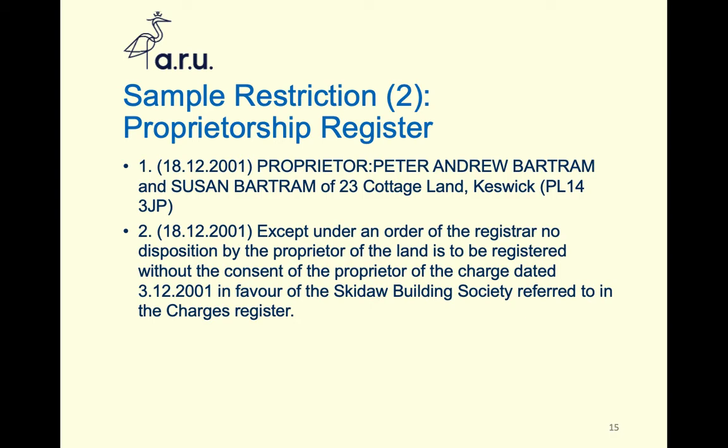The second example we see there is where Peter and Susan are exclusively in ownership of the land, and the restriction that's been placed upon them is that except under an order of the registrar, so the registrar at Land Registry, no disposition by the proprietor of the land, so the owners of the land, is to be registered without the consent of the proprietor of the charge, dated 2001, in favour of the building society referred to in the charge register.